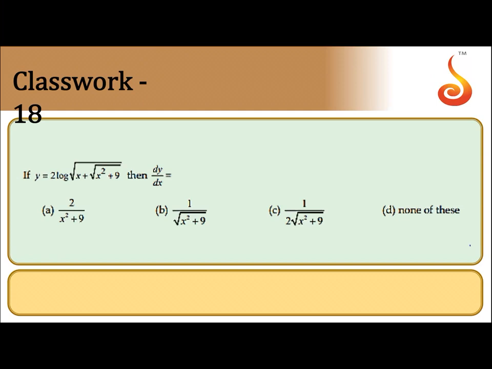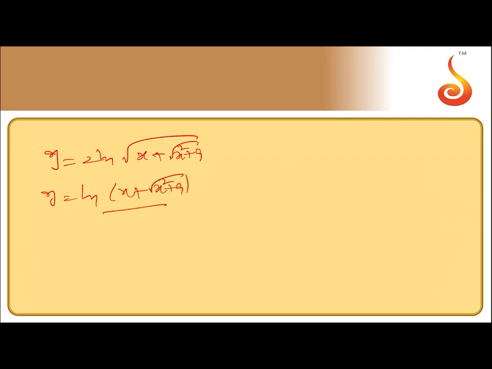Coming to the next one, y equals 2 into the square root of x plus root of x square plus 9. Take out the 2 as a power, and you will be getting y equals 2 logarithm of x plus root of x square plus 9.